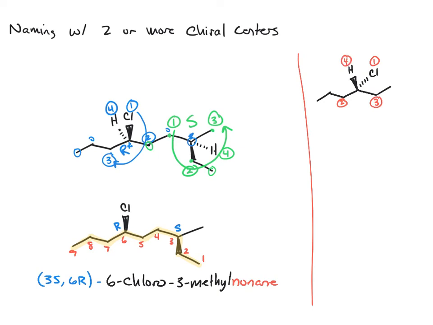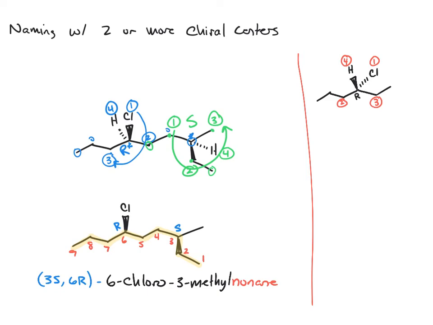Now, this is one where, honestly, I would just use the trick because 4 is out and go from 1 to 2 to 3. That looks like S, but since 4 is out, it's really R.